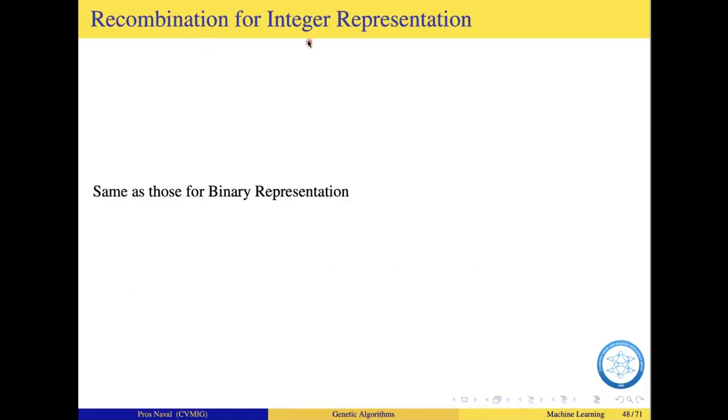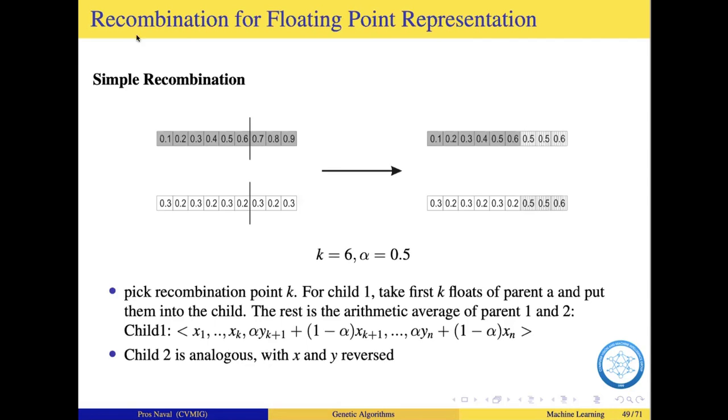For the recombination of the integer representation, we do the same as for the binary representation. Recombination for floating point representation is as follows. We can have simple recombination. Each of the genes represents some floating point number. Then we pick a recombination point k.